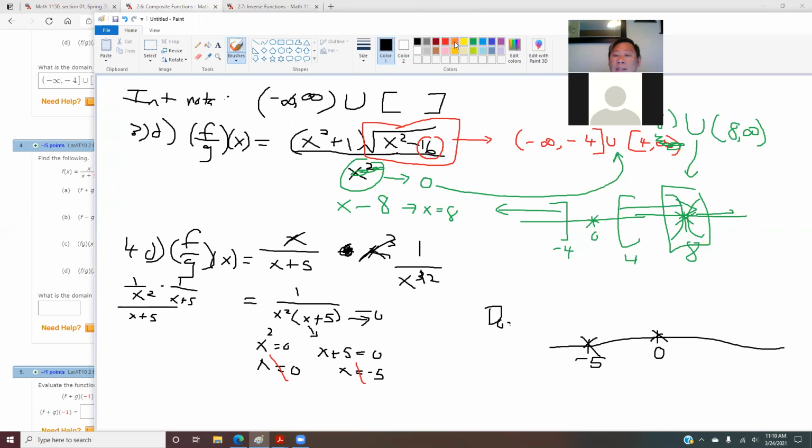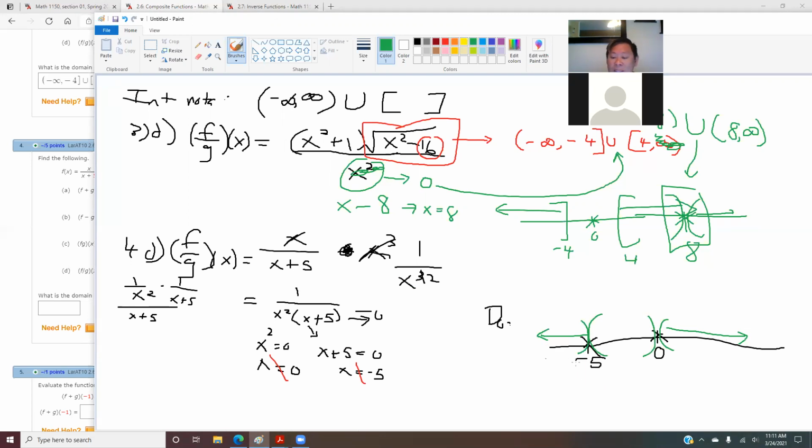So how do we write this in interval notation? It goes from the left, then you have -5 to 0, and then 0 to the right. The reason why we use all parentheses here is because it's not included, so we don't use brackets.